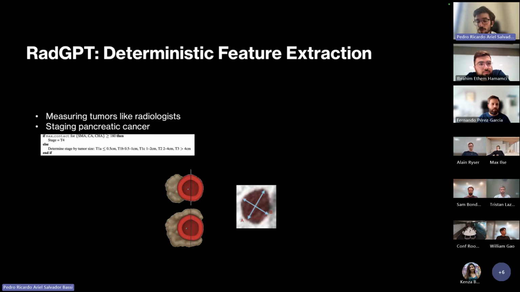In this case, it's very hard to remove this tumor because you cannot easily cut the blood vessel. And in this case, the tumor is T4, the highest local stage, and it's not resectable. So in this case, the patient needs to do some radiotherapy, for example, to try to reduce the tumor. If it's not T4, the patient may go directly for surgery. So it's very important to know this information because this influences the treatment of the patients.